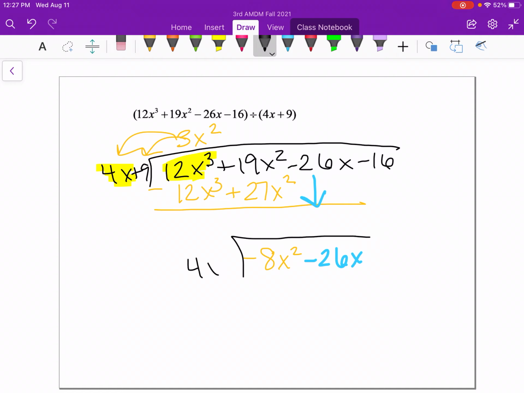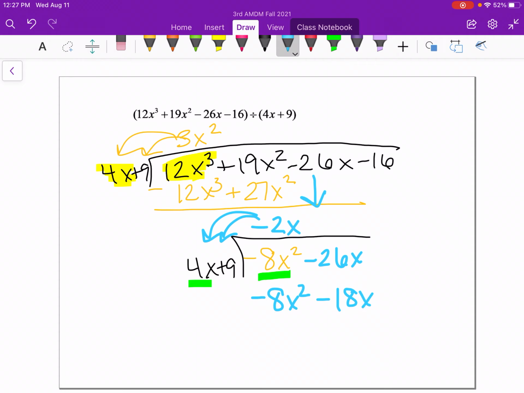And we divide by 4x plus 9. So negative 8x squared divided by 4x is negative 2x. Multiply. And I get negative 8x squared minus 18x. And remember, I'm subtracting.